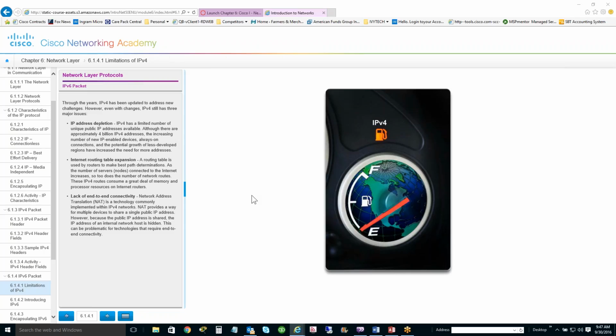There's an outside interface that's got a public IP assigned to it, and then on the inside interface you have a local LAN address, usually like a 192.168.0.0 network on the inside of your home network. And then all your devices are being assigned an internal or private IP on the inside interface. So that technology limits some of the things that we can do with applications that are end-to-end, and it also makes it more complicated.